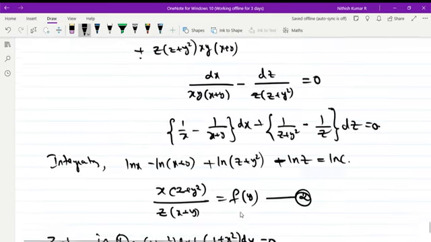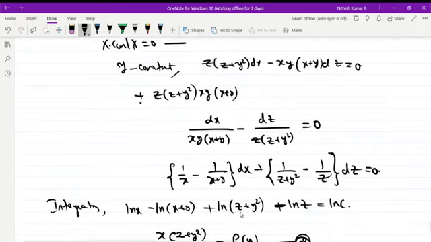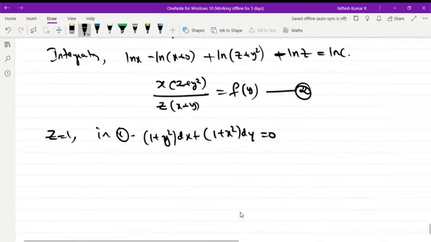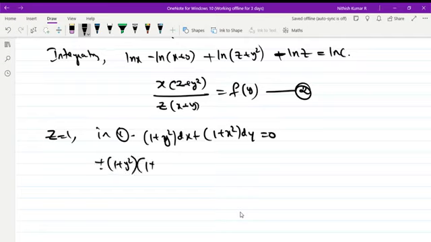Let's verify this once again. By rearranging and dividing by 1 plus y square and 1 plus x square, you will get dx divided by 1 plus x square plus dy divided by 1 plus y square, which is equal to 0.